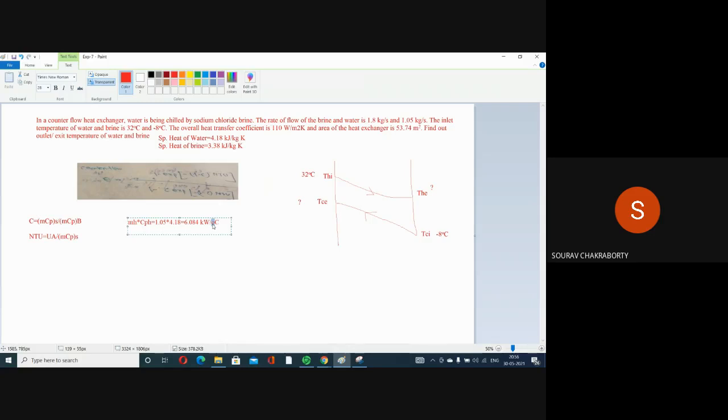Write down in Kelvin, no issue. The difference will be the same for both cases.